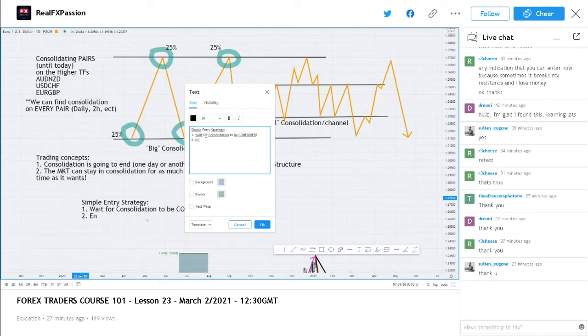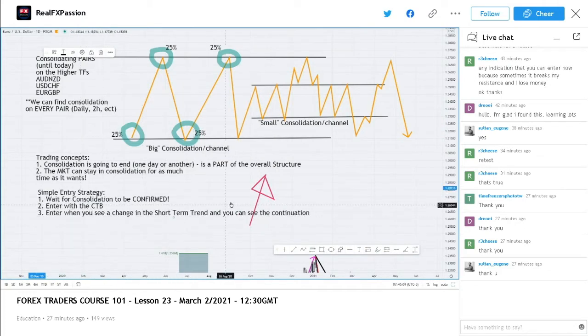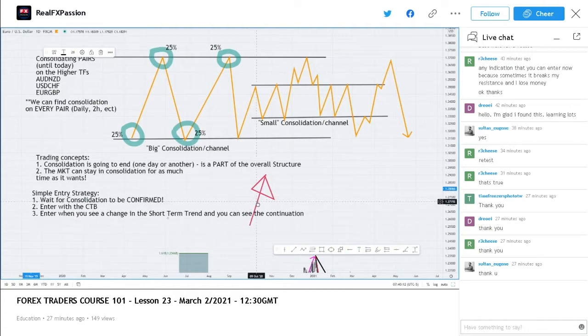Number two, enter with the CTB stance, enter with the counter trend line break, and three, enter when you see a change in the short-term trend, and you can see the continuation. Okay, everybody? So it's a simple entry strategy on how to trade consolidations.